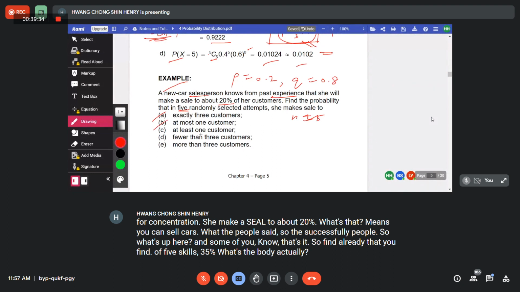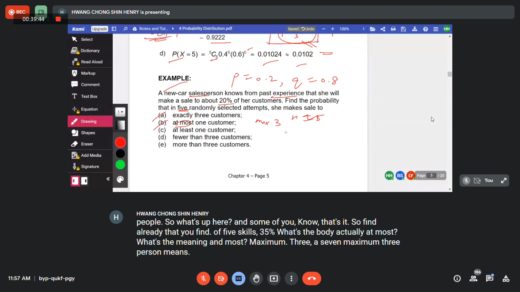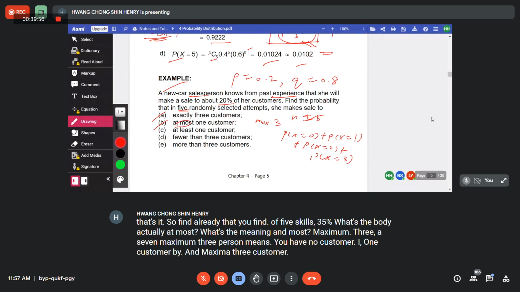Exactly 3, at most 3. What's the meaning of at most? Maximum 3 means you have to calculate what? No customer buy, 1 customer buy, 2 customers buy, and maximum 3 customers buy. This is at most.